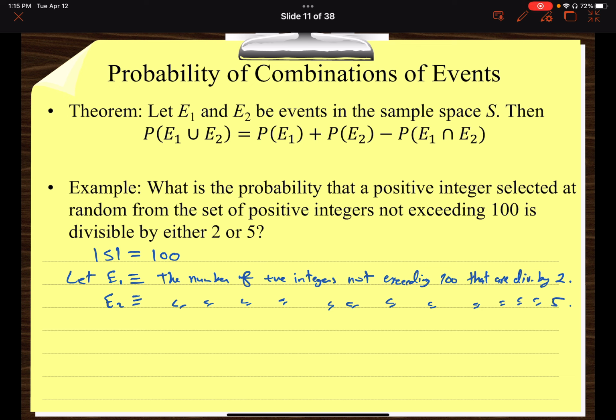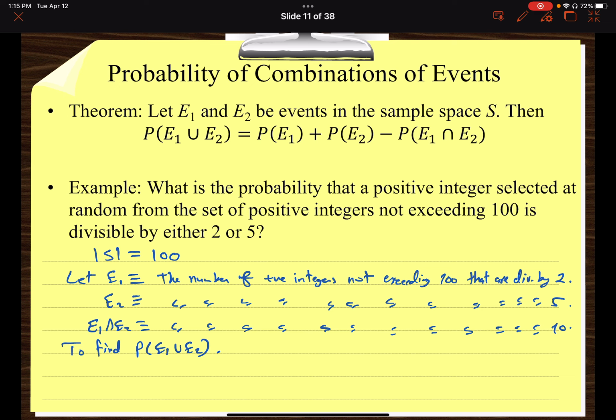What is E1 intersection E2? The number of positive integers not exceeding 100 that are divisible by 10. What do we want to find? We want to find the probability of E1 union E2, which is divisible by 2 or 5.